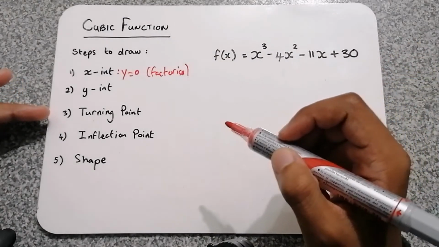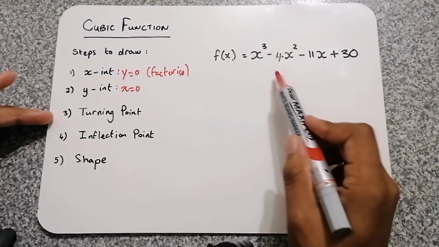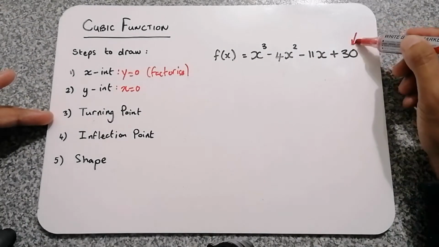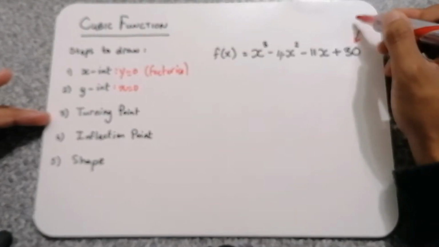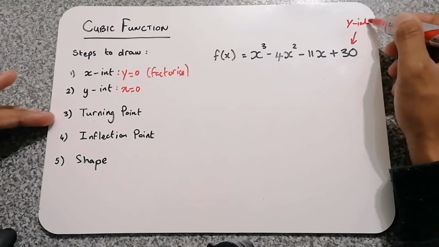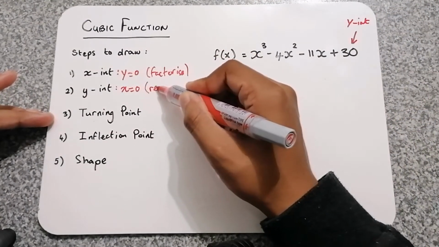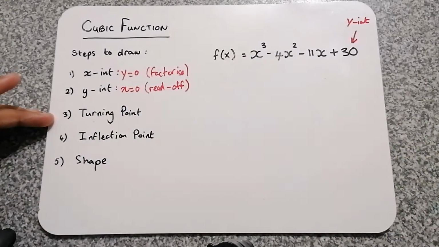For the y-intercept, you just make x 0. But if you have a look at this equation, once we make x 0, the answer is simply just 30, because all of these expressions just become 0. So that 30 at the end is simply your y-intercept. So I would say that sometimes you can actually just read off the y-intercept.